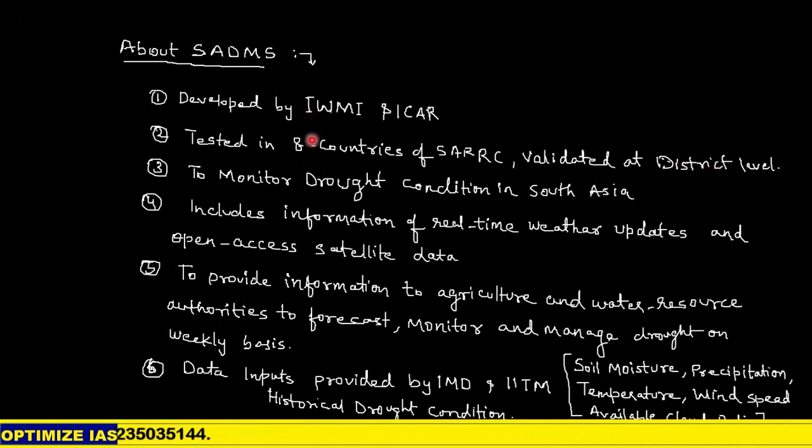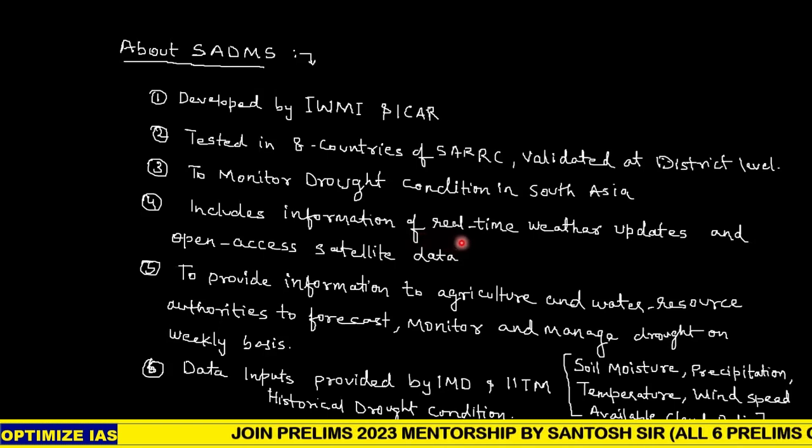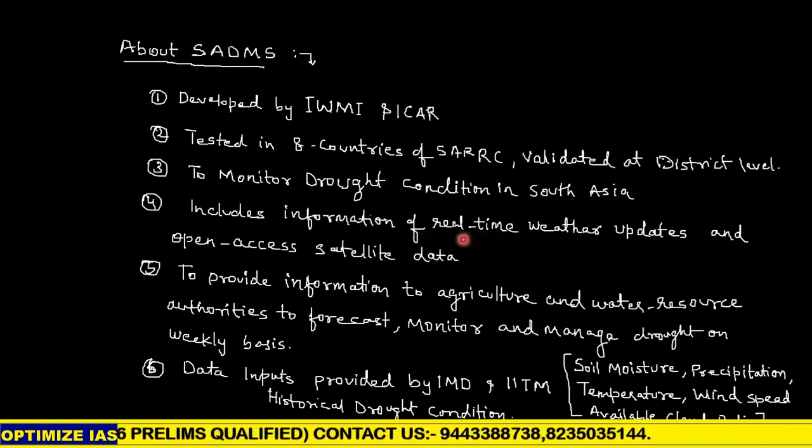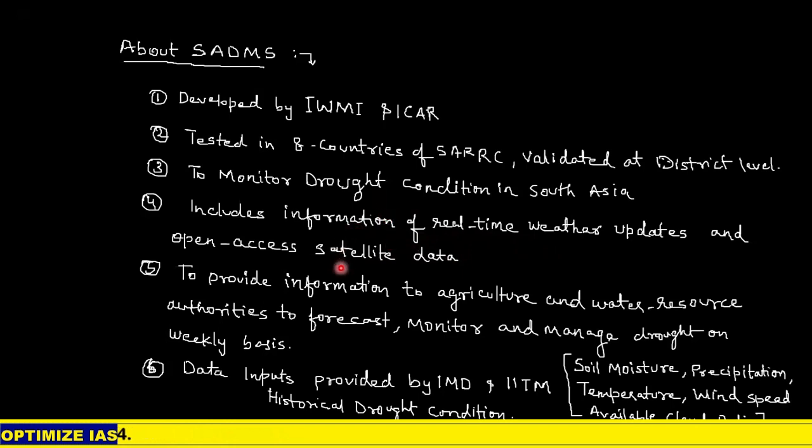So this system, SADMS, is to monitor the drought condition in South Asia. It provides real-time data related to drought using the information given by the IMD on real-time weather updates and open access satellite data too.